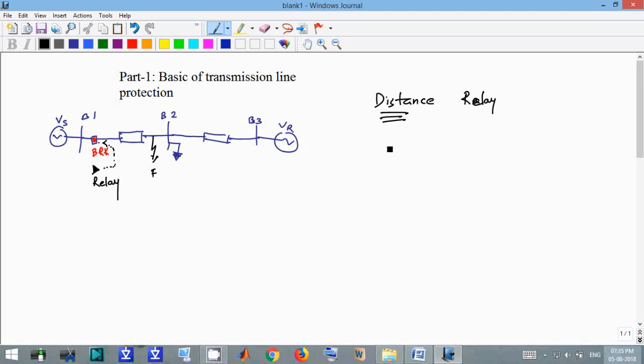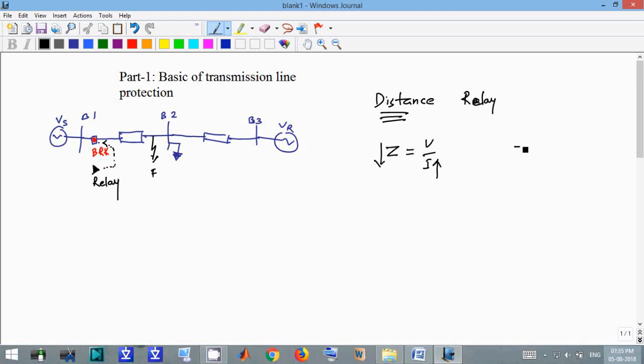Distance relay operation is nothing but impedance operation, that is Z equals V by I. When a fault occurs, the current flowing through the circuit increases, and automatically our Z will decrease.